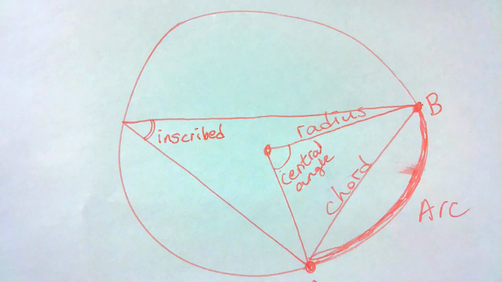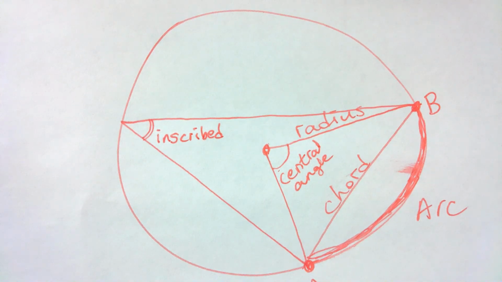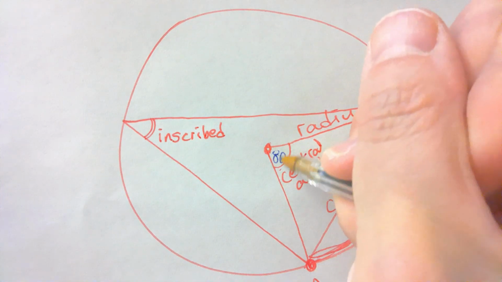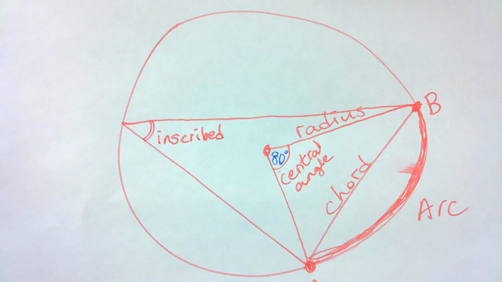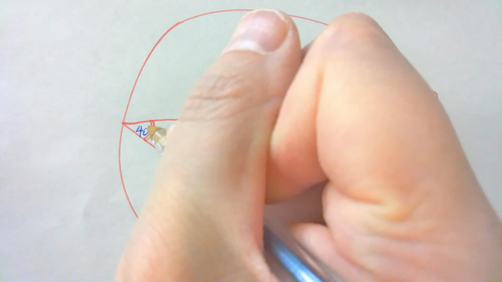Okay, if my central angle is 80 degrees, if this right here is 80, what is my inscribed angle? 40. Good job. Okay.